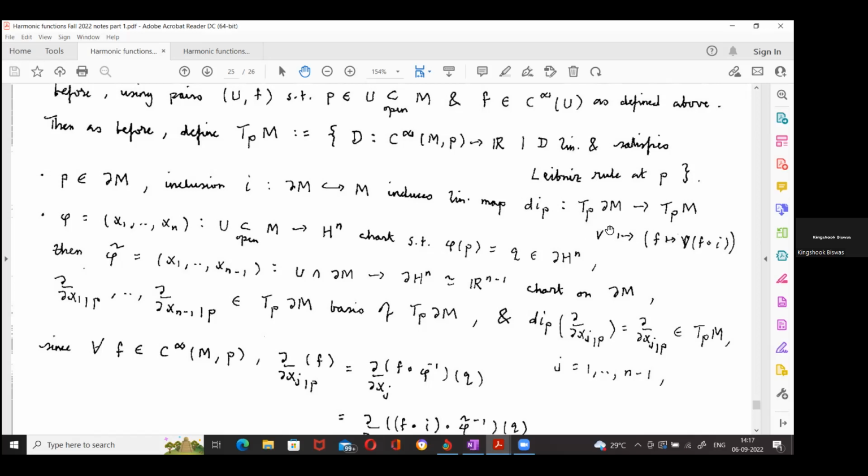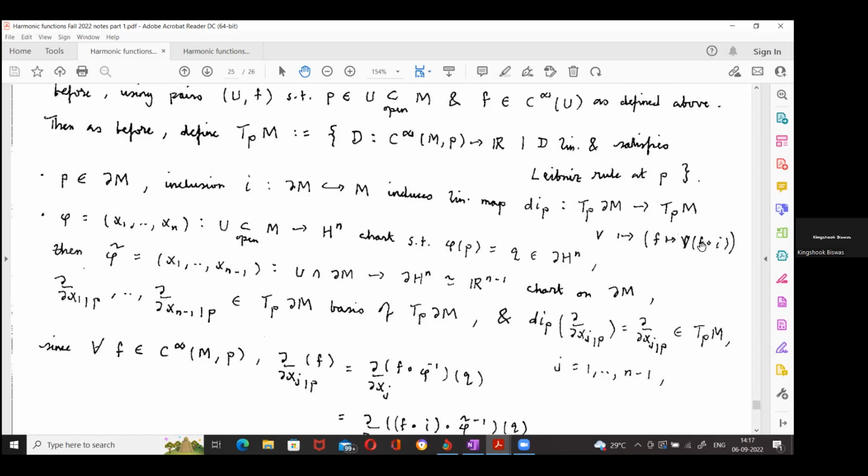So if I take a tangent vector V to boundary M, this acts on smooth functions in a neighborhood of P in boundary M. So I want to get an element of TPM, which is going to act on germs of smooth functions at P in M. If I take such a function F, which is smooth in a neighborhood of P in M, then I look at F composed with the inclusion.